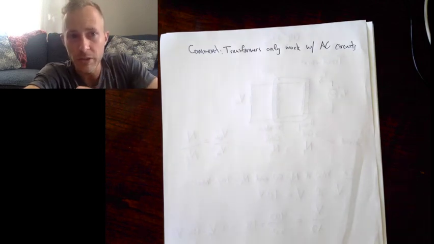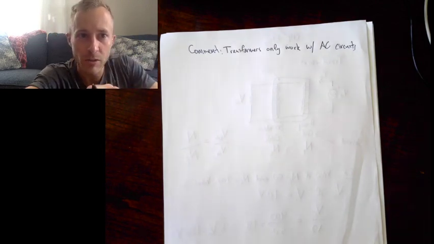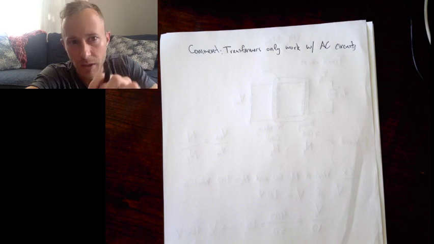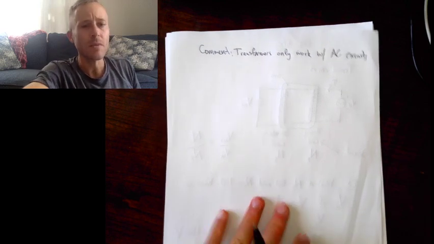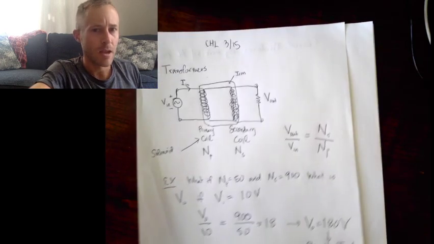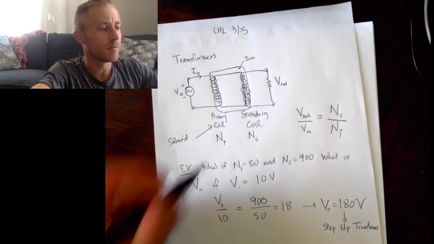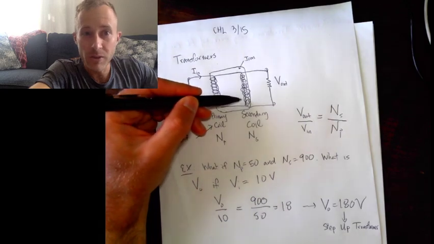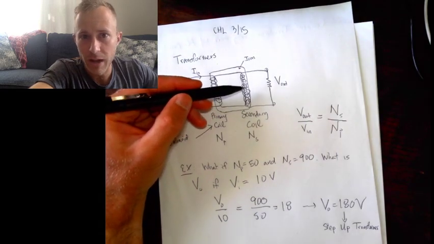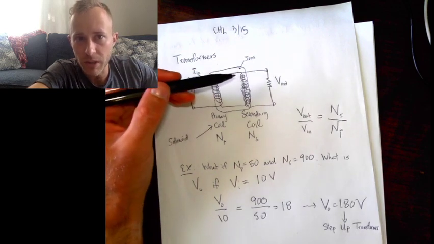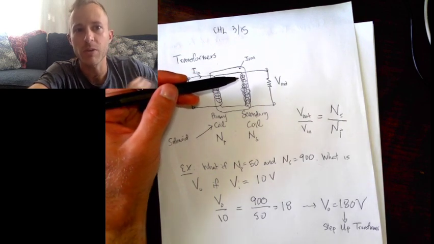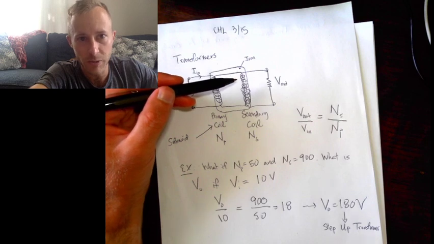This is one of the reasons why our electrical grid is based on AC. Because if we look here at the secondary coil, the only reason the secondary coil has a voltage is because of Faraday's law of induction, and Faraday's law of induction requires a changing magnetic field.